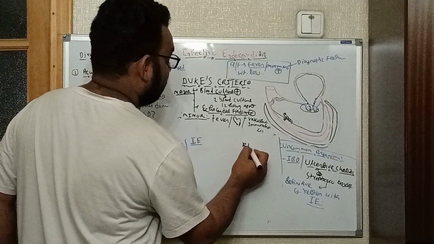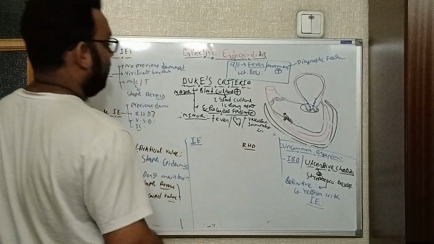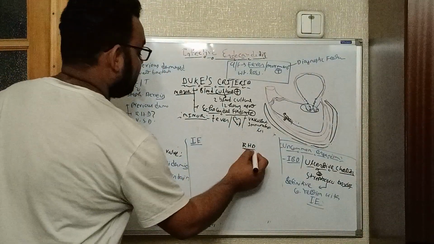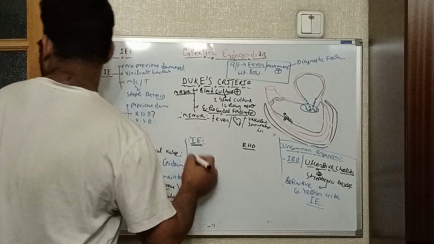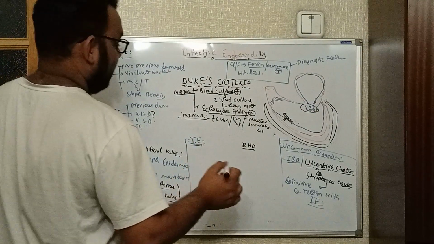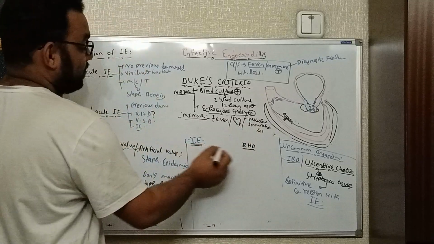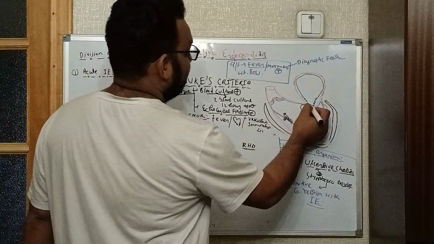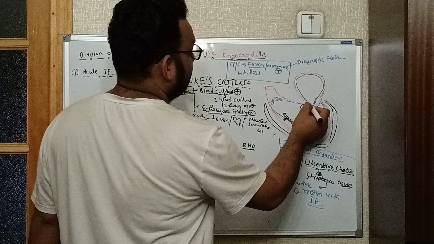I have already explained how the vegetations get formed, the mechanisms. Now, if I talk in terms of infective endocarditis, in these cases the vegetations can be enlarged.